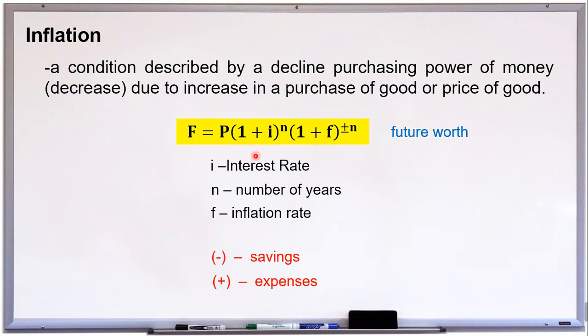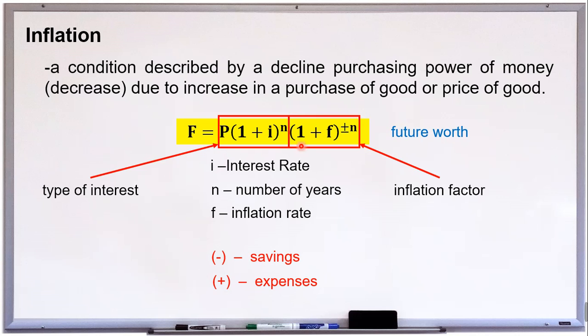Now, the formula for inflation has familiar expressions. For the first expression, P times (1 plus i) raised to n, this one is for the type of interest. So it could be simple interest or compound interest. And then the second expression, (1 plus f) raised to plus and minus n, is our inflation factor, because our f here stands for the inflation rate.